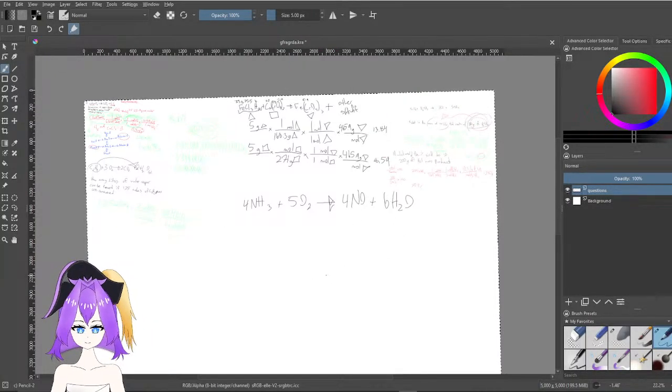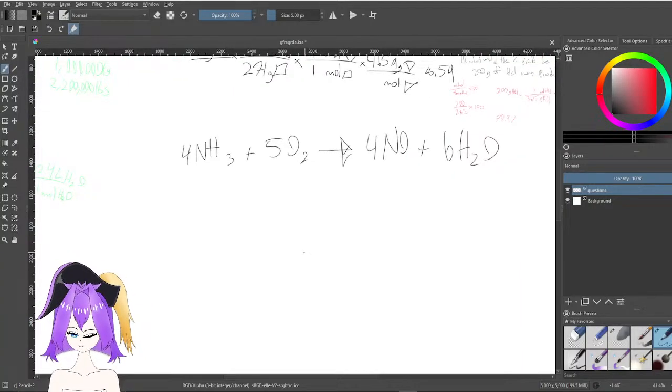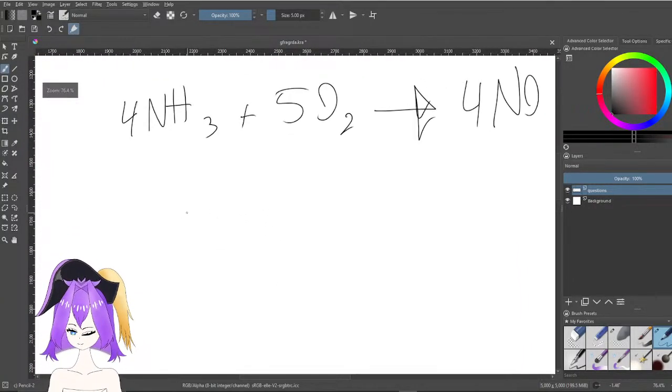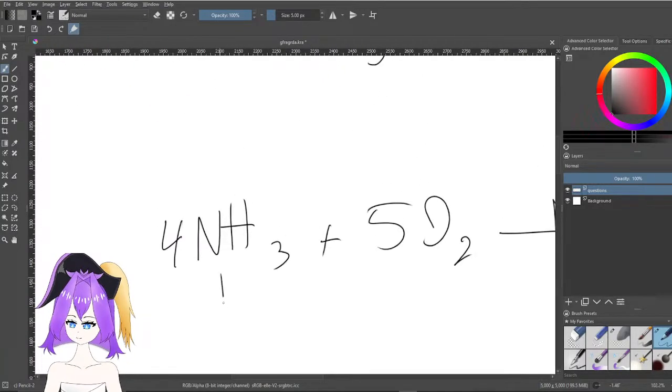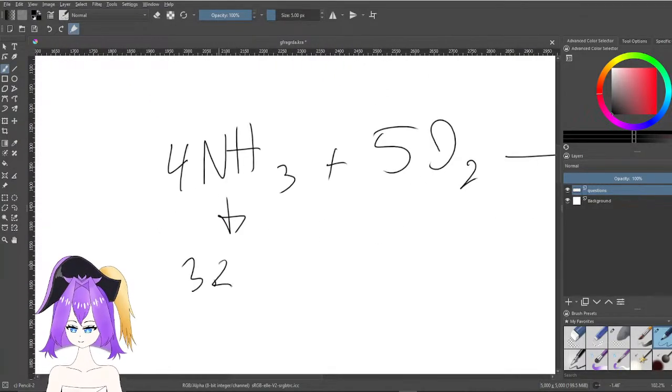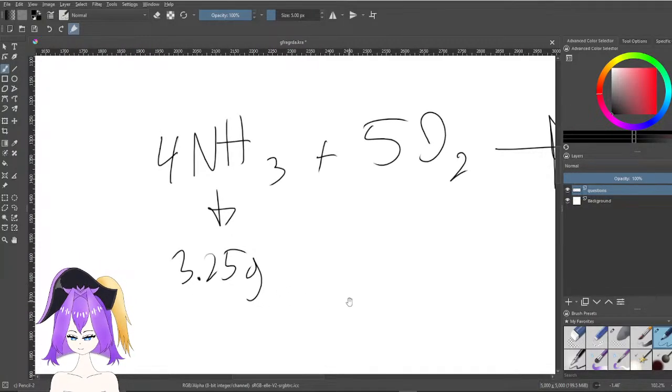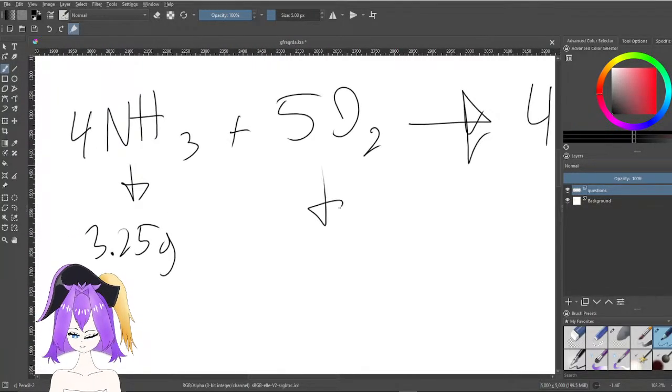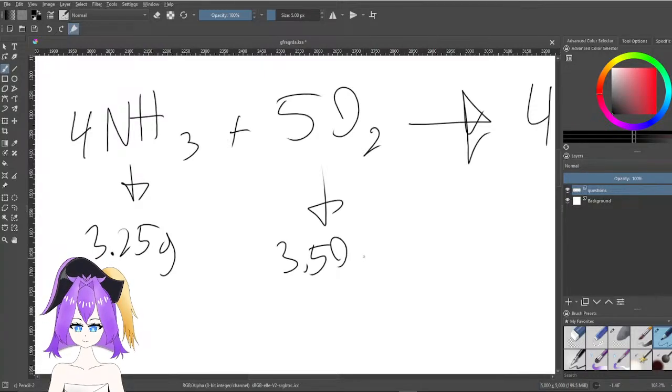Okay, so that's the reaction. So we have 3.25 grams of that, and we have 3.5 grams of that.